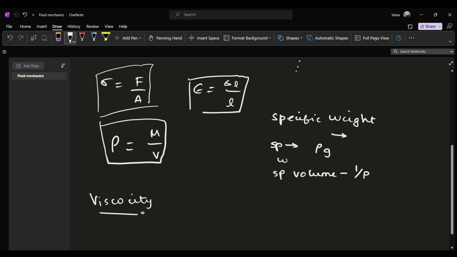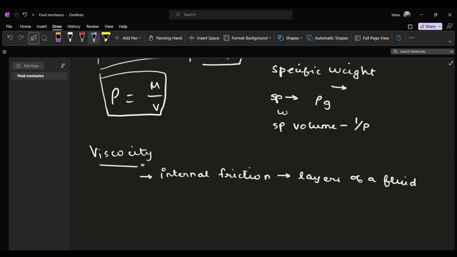Viscosity is a phenomenon which occurs due to internal friction, the internal friction force that develops between the layers of fluid. I'll be explaining this in detail.